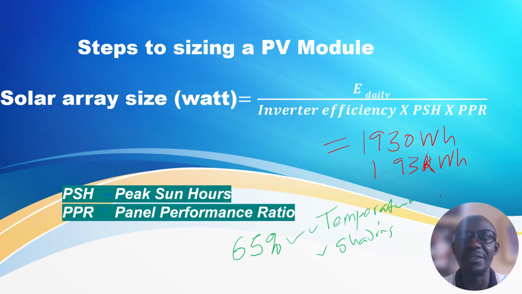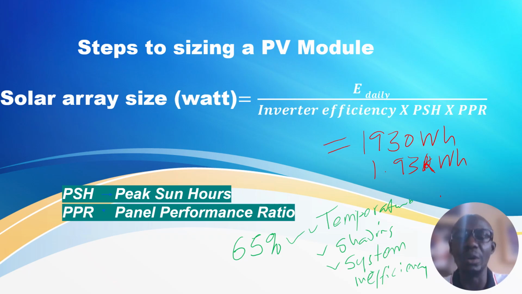All these parameters affect the rate at which a panel will perform. Then the system inefficiency too, maybe due to design. Are you getting it? All these parameters can affect the performance of your panel.